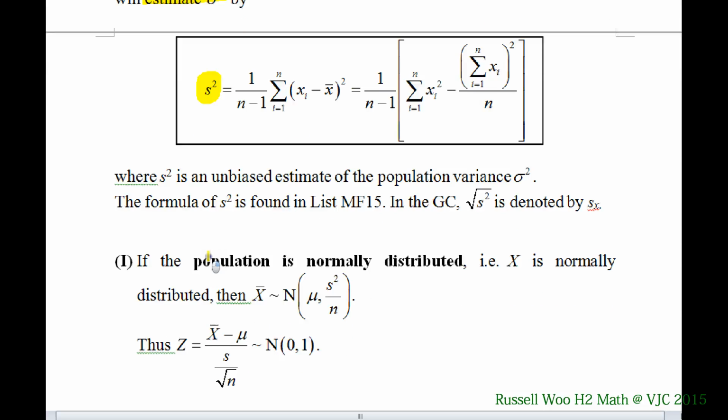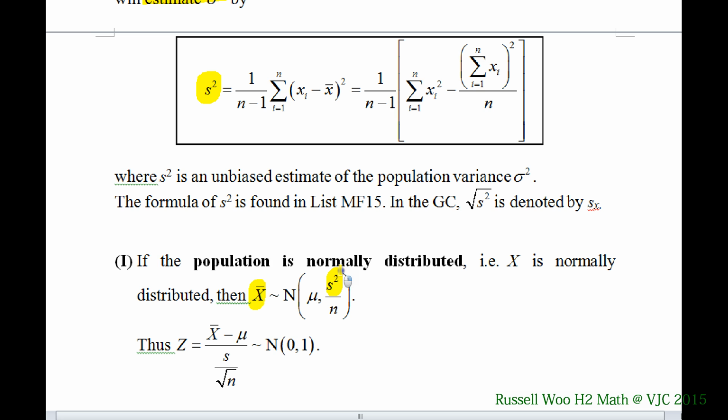Now, if the population is given to be normally distributed, then it becomes very easy. Then with the population normally distributed, x bar should be normally distributed, and even though we do not know sigma, by right this should be sigma squared, the population variance, we use S squared to estimate the population variance.